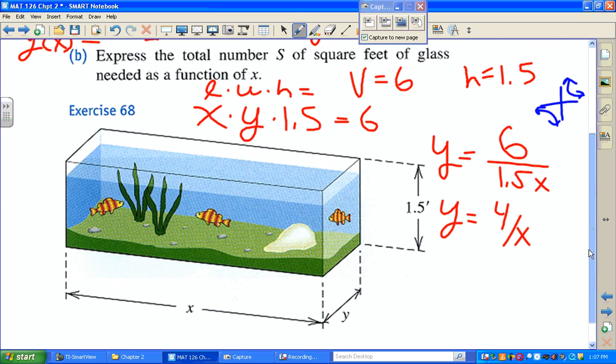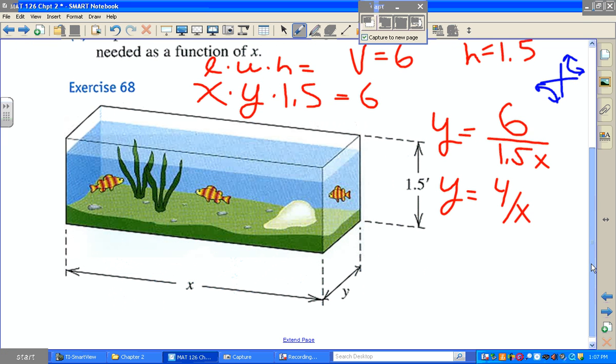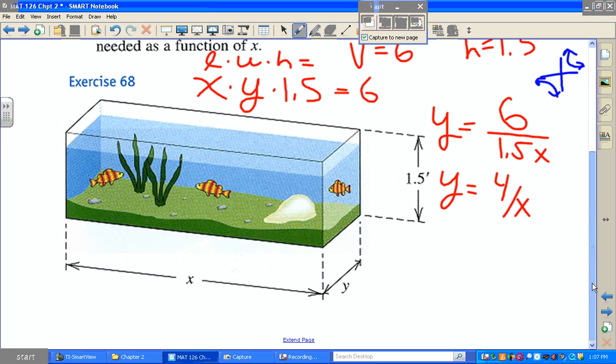Express the total number of square feet of glass needed as a function of x. Ooh. Well, how do you figure out how much glass you need? All sides except for the top. So I have a base. How big is the base? X times y. So I have x times y.